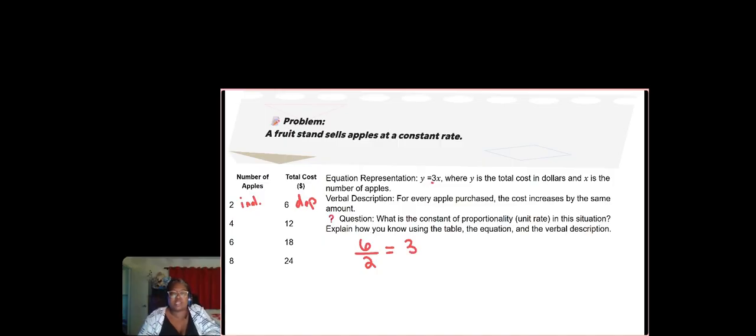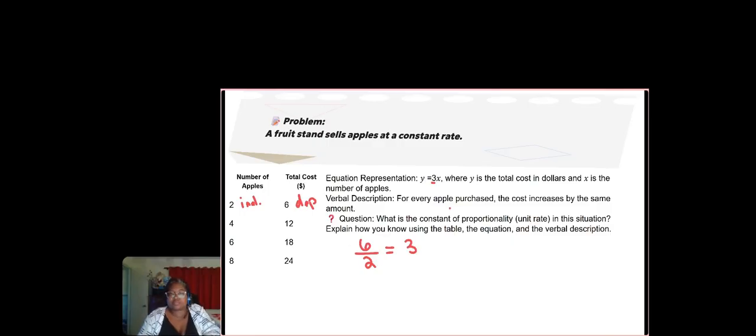We can also see that here in our equation: when we have a coefficient in front of the x, that's going to be our constant of proportionality or our unit rate. But I just wanted to show how that 3 was arrived at. So now we know that the unit rate in this situation is 3, but let's see if we can explain how you know using the table, the equation, and the verbal description.